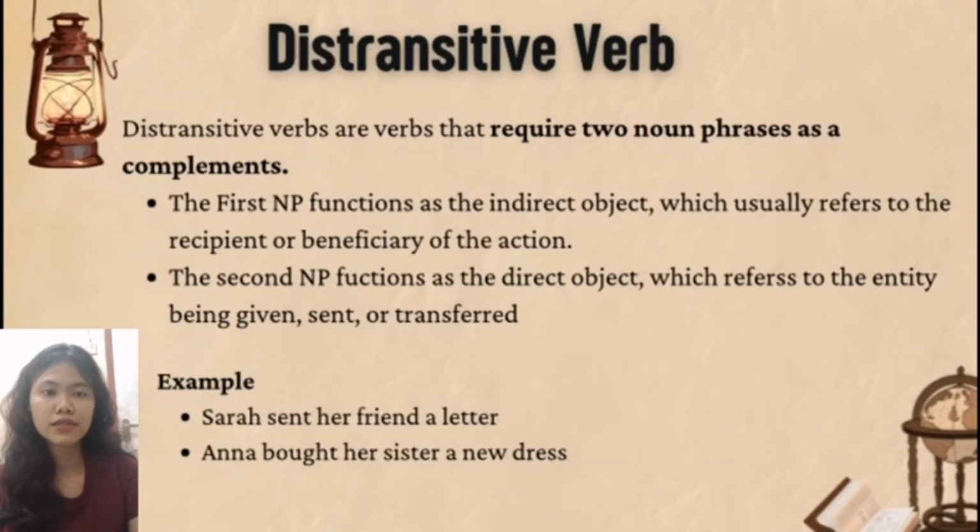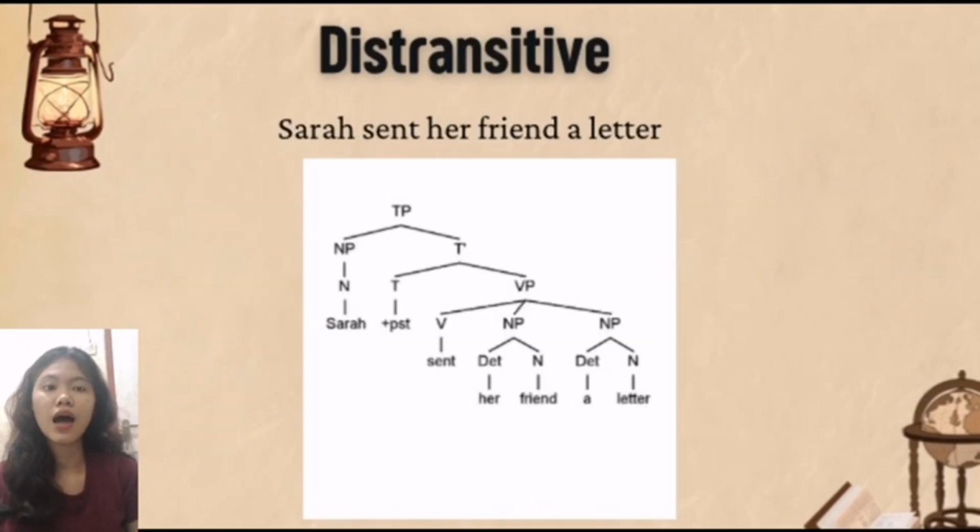And next is the ditransitive verb. Ditransitive verbs are verbs that require two objects, an indirect object and a direct object. For the first example, Sarah sent her friend a letter. The sentence is analyzed as a TP with an NP and a VP.